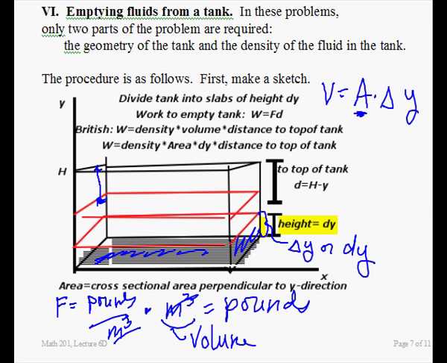So that's the cross-sectional area of the floor of the tank, and then you multiply it by delta y, the height of each little slab you've divided it into. Then the problem is quite similar to the other problem, because now you have the force, and you have to multiply it times the distance to the top of the tank. Again, the distance is h minus y if you set the coordinate system up the way I did.